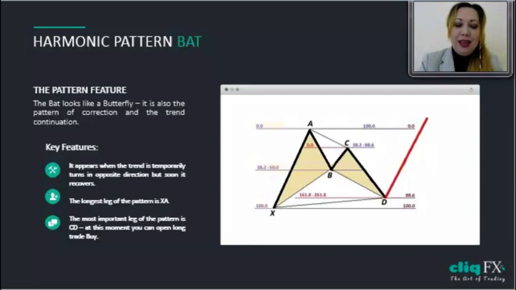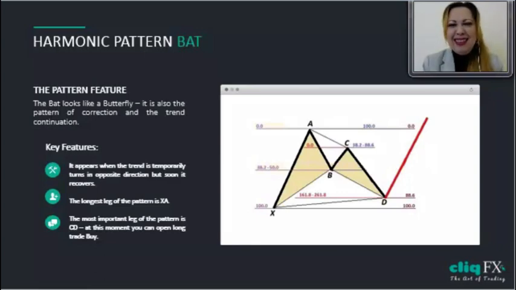AB is the leg when the price changes its direction and makes the corrective move to 38.2 to 50% of the Fibonacci retracement from the XA segment. BC is the leg when the price changes its direction again and rises, reaching the level 38.2 to 88.6 from the length of AB, be attentive, not XA in this case, AB.